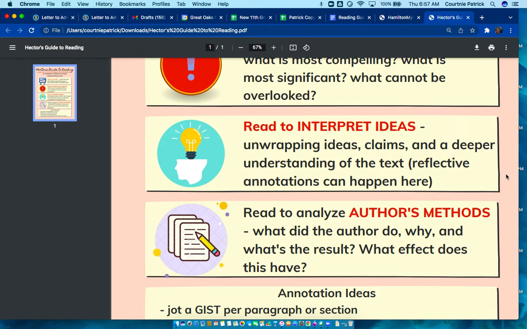The last two times you read something, particularly with poetry like we do with Hamilton and music, these are the big ones, right? You're reading to interpret the ideas and you're reading to analyze the author's methods, because the author did things a certain way in order to give the opportunity to interpret those ideas. So when you read to interpret ideas, you're unwrapping the claims.